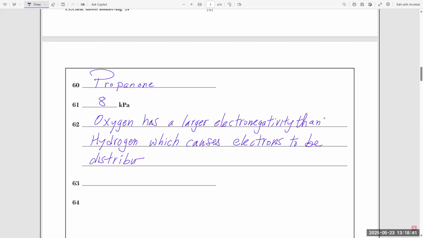You guys remember, how do you tell if a molecule is polar like water? Asymmetry. If it's asymmetrical, it's polar covalent, whereas if you see symmetry, it's non-polar covalent.